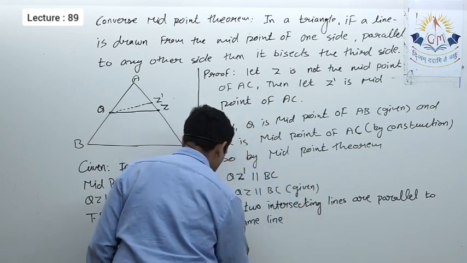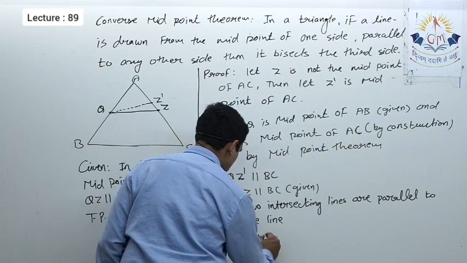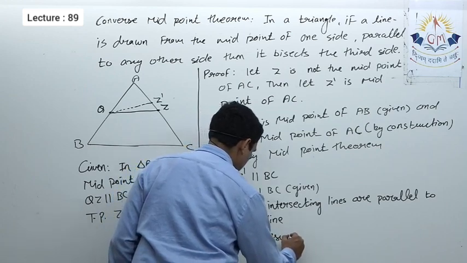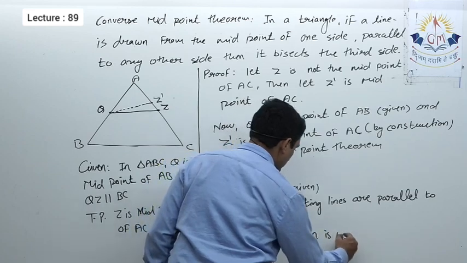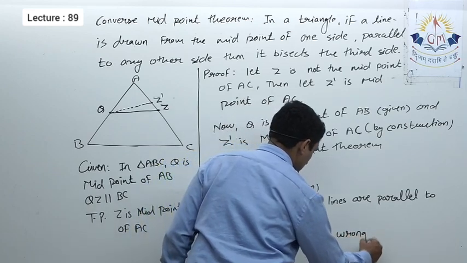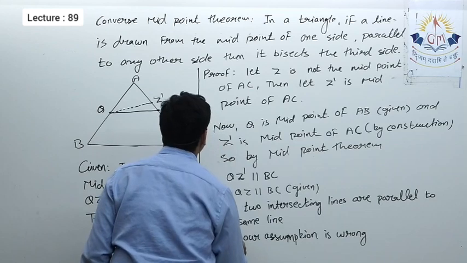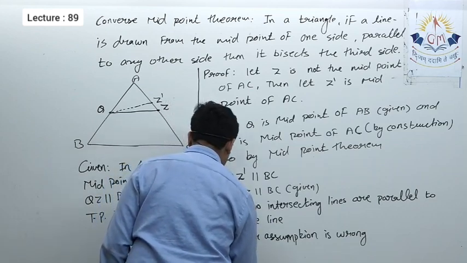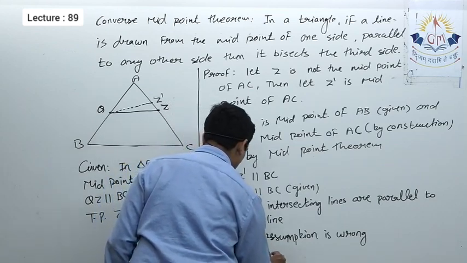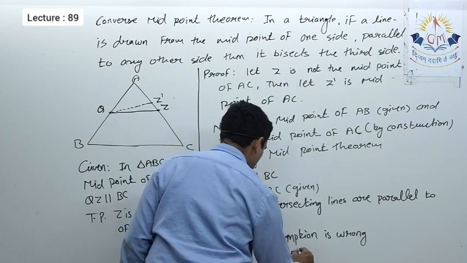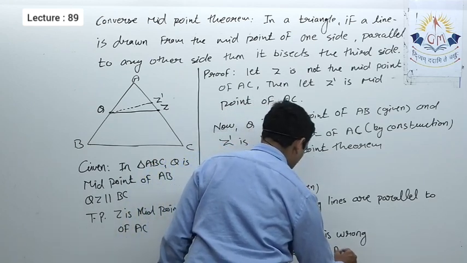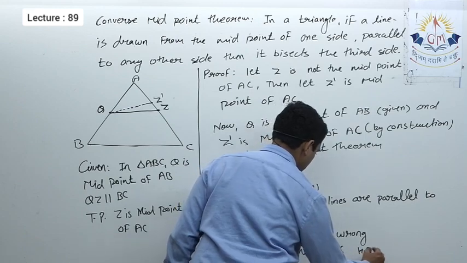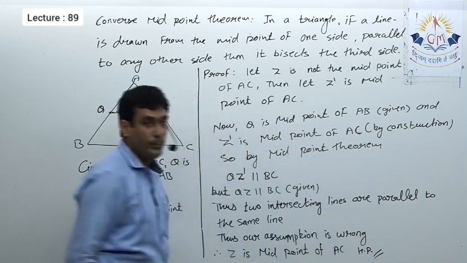Thus our assumption is wrong. Therefore Z is the midpoint of AC. Hence proved. Please note it down.